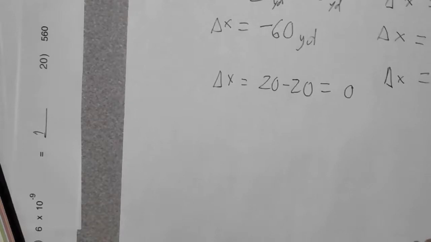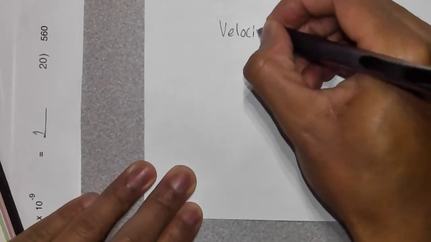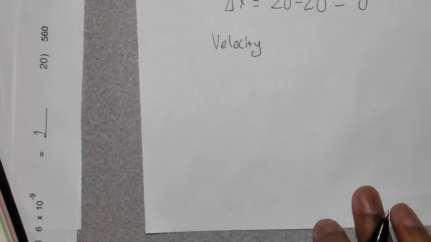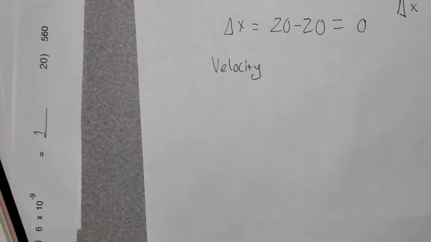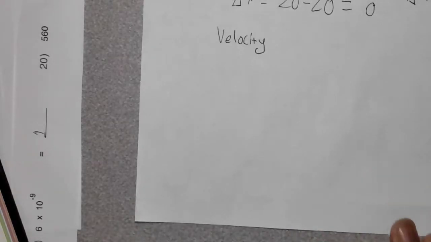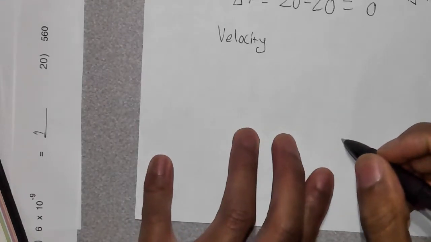So a related topic is velocity. Velocity is very similar to speed, except it has a direction. So we're going to define average velocity as total displacement divided by the time interval.